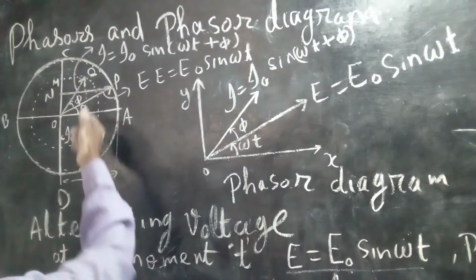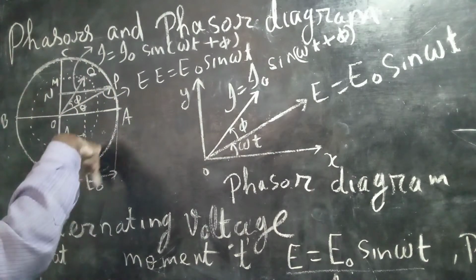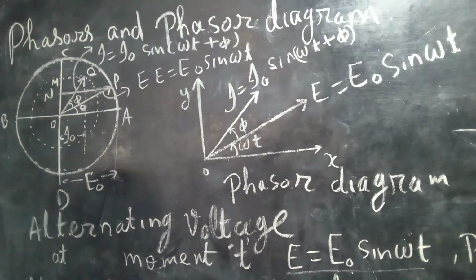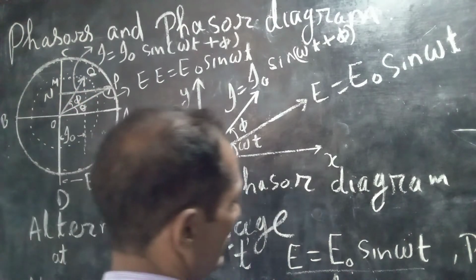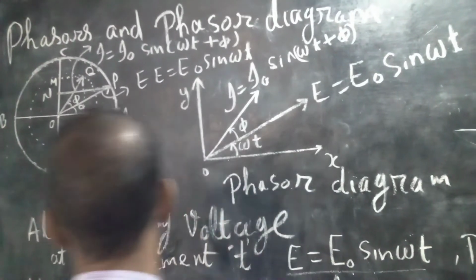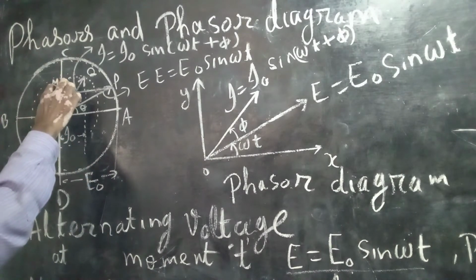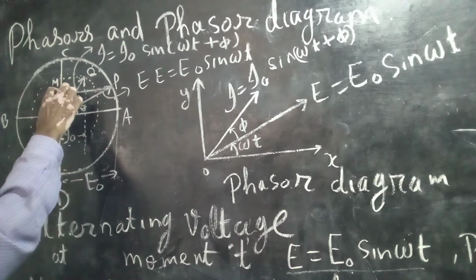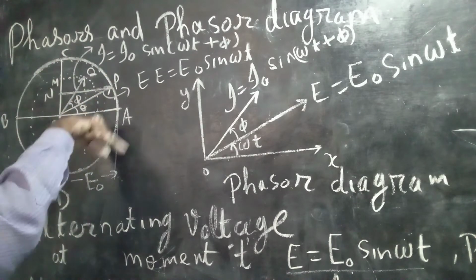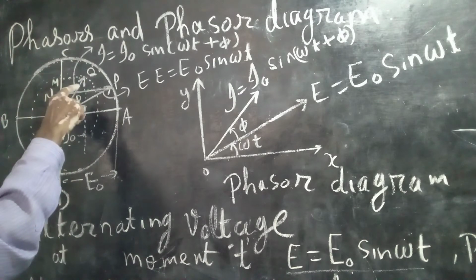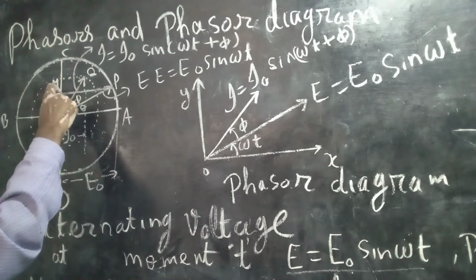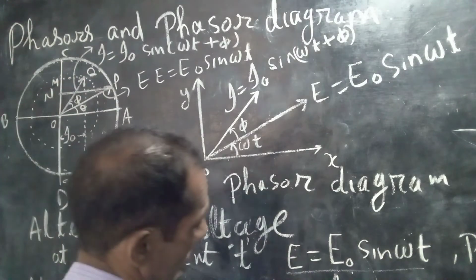So OM is I equal to I0 sin(omega t plus phi). After one time period it repeats its value again and again. Thus these two functions repeat periodically and can be represented as projections of rotating vectors, because they are rotating. After one time period they repeat their magnitude and direction.